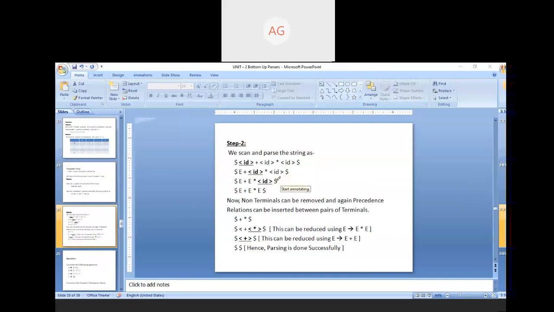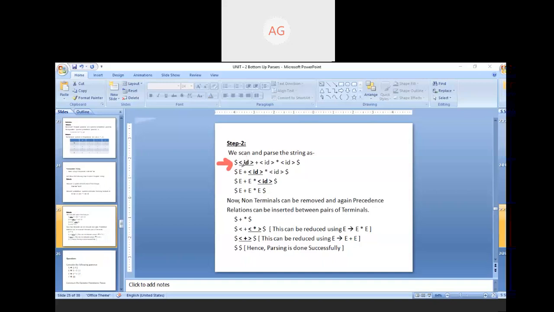So now we need to scan this string from left to right. So from here we need to scan. So first we encounter the first id. So we need to select that operator which has the less than sign, the operator in between.